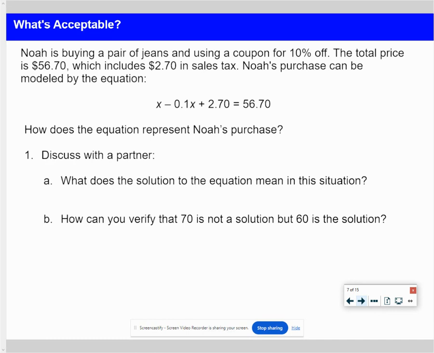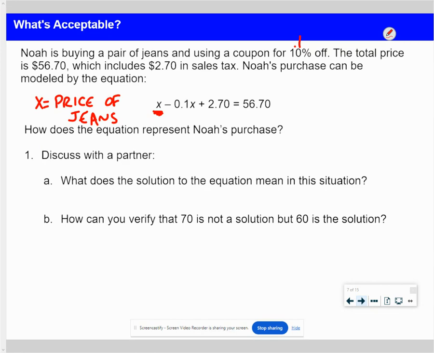So just talking through this equation, X is going to be the price of the jeans. Hard to read my writing there, sorry. So this is the price of the jeans. And then he's got a 10% off coupon. 10% as a decimal would be 0.1. Right?